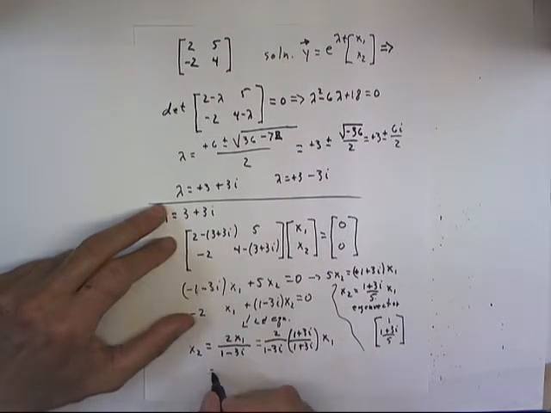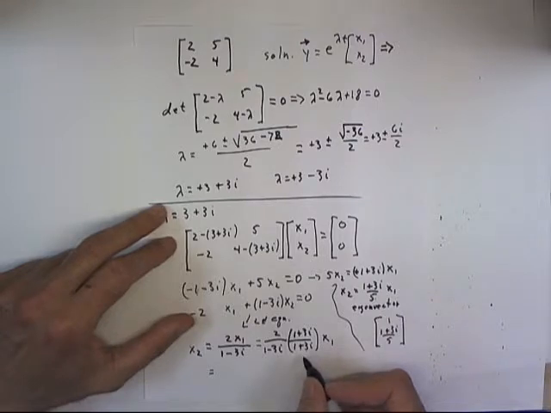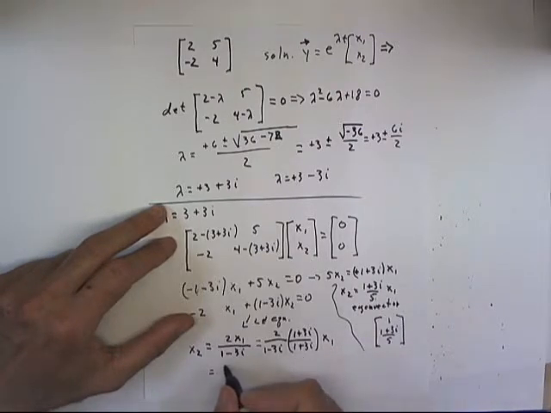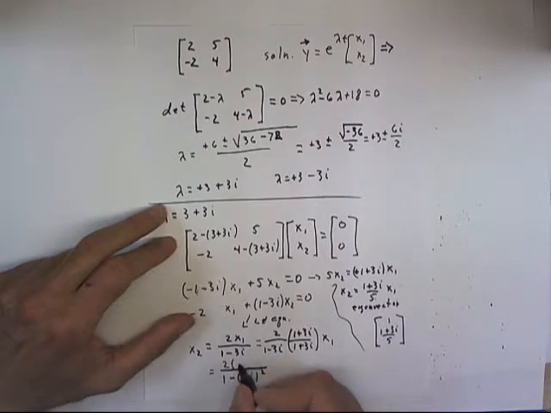Now, when we do that, what do we get? Well, 1 minus 3i times 1 plus 3i is 1 minus the quantity 3i squared. 1 minus a times 1 plus a is 1 minus a squared. 2 times 1 plus 3i, I'm just going to leave it like this, factored.